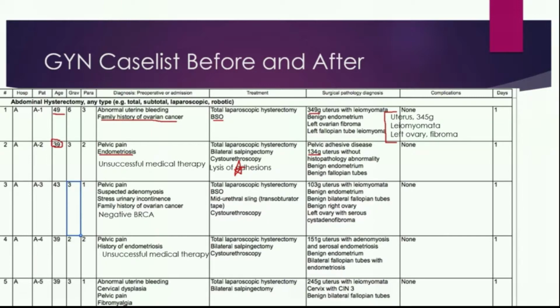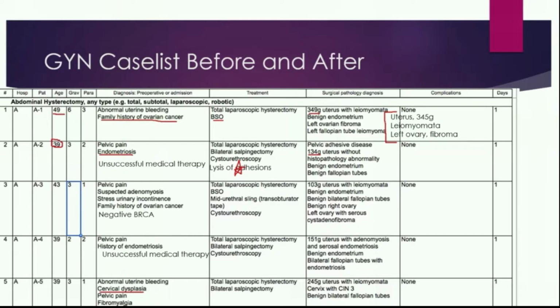And then on question 4, she has endometriosis, again, unsuccessful medical therapy. Again, this person too, you can see, was fairly young and did not have her ovaries out. So I know that's something that I'd probably want to ask the candidate. And then on patient number 5, you said abnormal uterine bleeding here, but you say cervical dysplasia. I would actually want to know what type of pap it was.